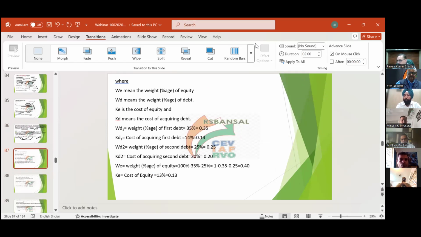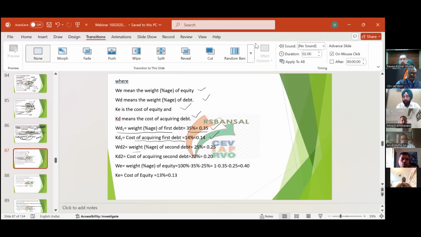WE means the weightage of equity, WD the percentage of debt, KE is the cost of equity, KD is the cost of acquiring debt. So WD1, the first loan he is getting at the rate of 35%, means 0.35. And its cost of acquiring is 14%, means 0.14.